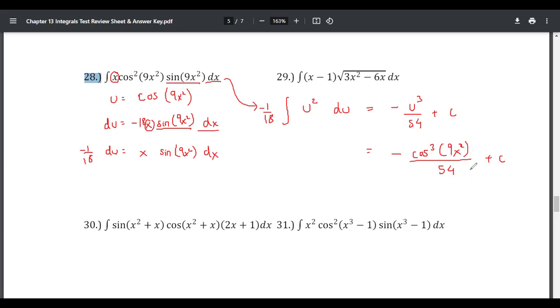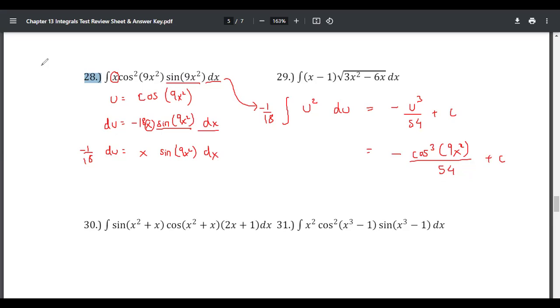Say negative 1/18, that's u squared, so it should be u cubed over 3. So negative 1/18 times u cubed over 3 is negative u cubed over 54 plus c. All right, good.